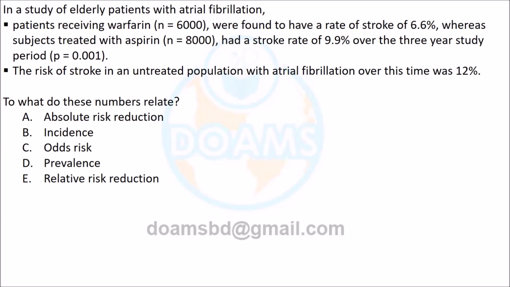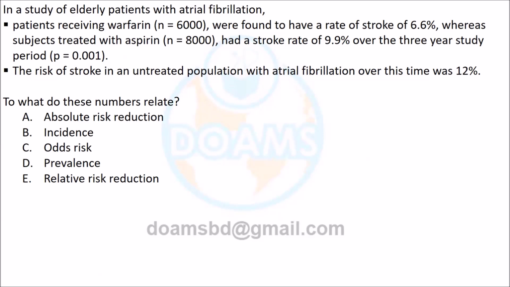The aspirin receiving patients, their development of a stroke is 9.9%. But those who are not treated with the atrial fibrillation, their stroke development is 12%. So this percent, what do they mean? A, B, C, D, E.